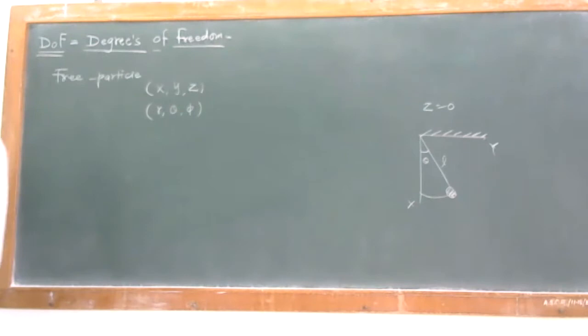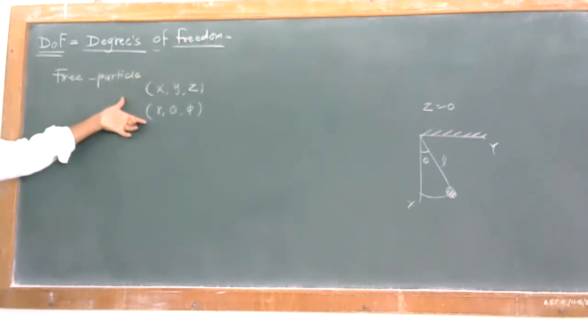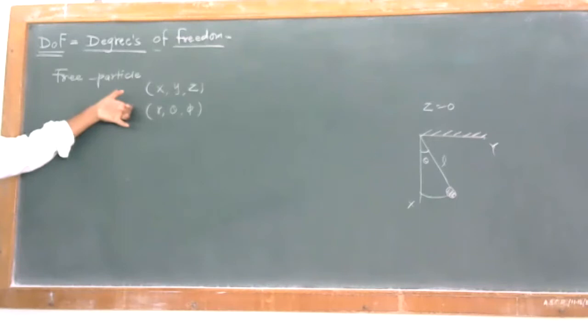Now, we just have a point. If you have these three independent coordinates, either x, y, z, or r, theta, phi, the free particle can be described.